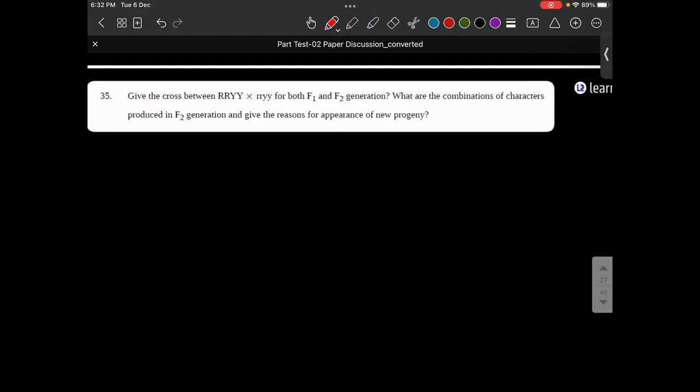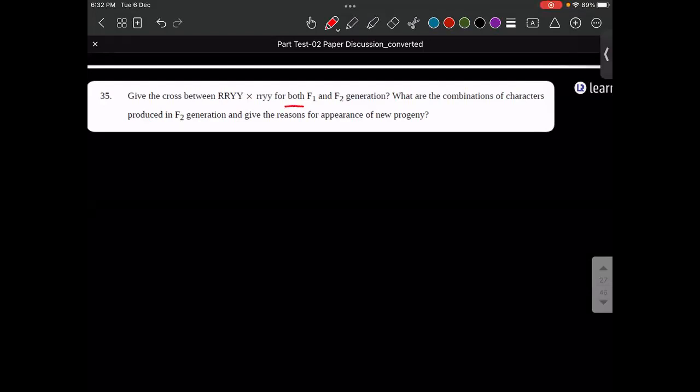First, what do I have to do here? You have to make a 4x4 table, sir, first. Oh, just like that I can go for a 4x4 table. Sir, you're asking for a Punnett square only? Yes, a Punnett square, but the complete thing, for both F1 and F2 generation.